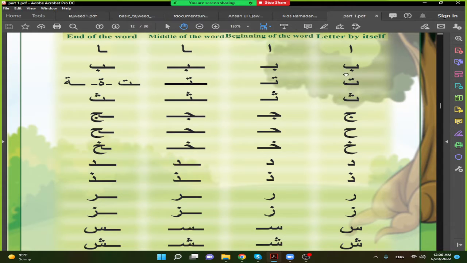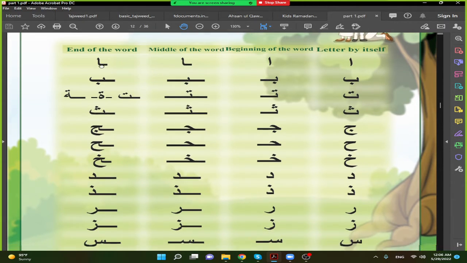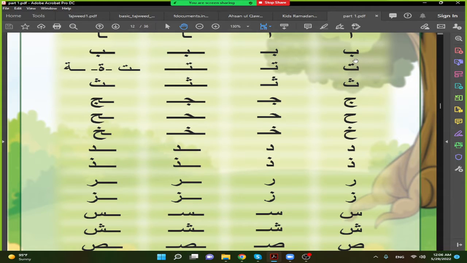Okay? Now you're reading these letters. What is this? Alif. This one? Alif. Very good. This one? Ba. Say it louder. Ba. Okay. Very nice. This one?